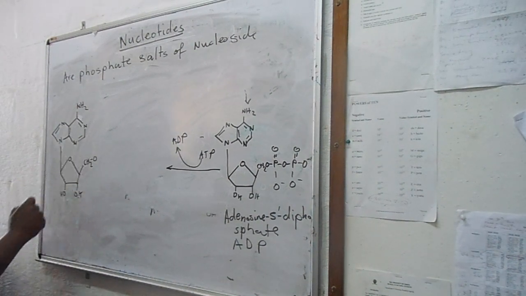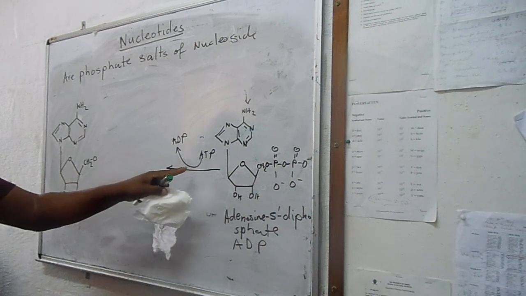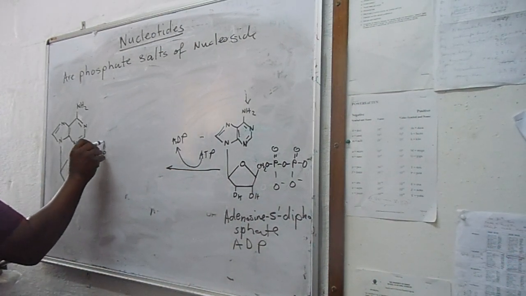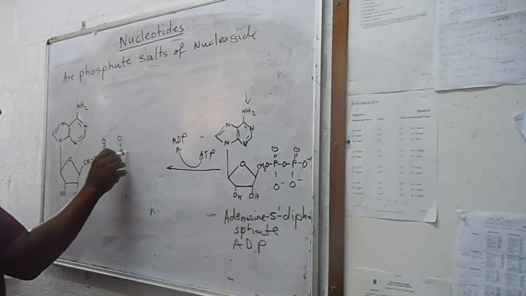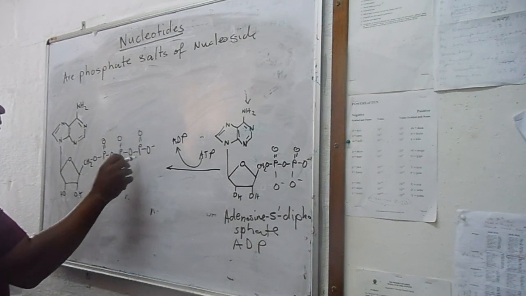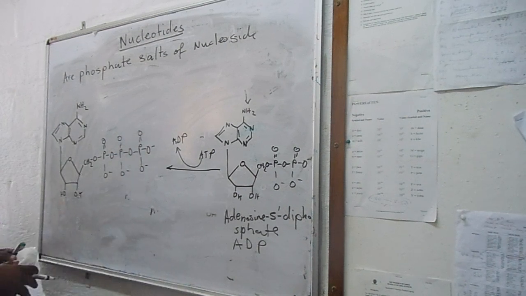If we do this, the third phosphorylation reaction, then we are going to have 3 phosphate groups added.